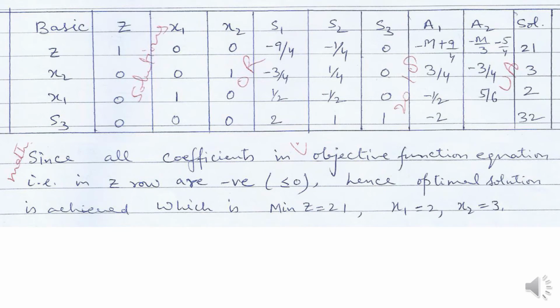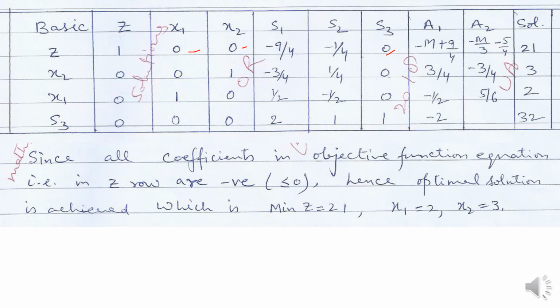So in this table we see that in the Z row the elements are either 0 (x1 is 0, x2 is 0, s3 is 0), or the elements are negative: s1, s2, a1, a2, all of them are negative.